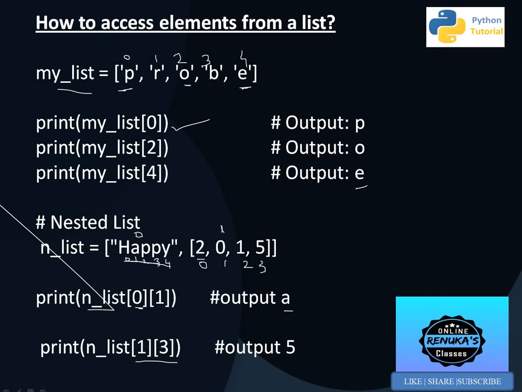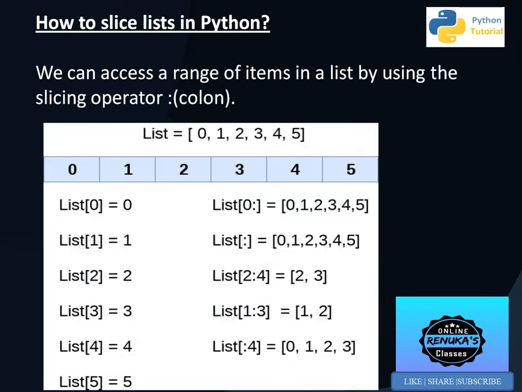So for index 1 and subindex 3 the element is 5. So first is the main index and then the subindex, meaning the index of the element which is represented as a list. So that is 1 and 3, so it is 5. So this is how we can access the elements of a list.